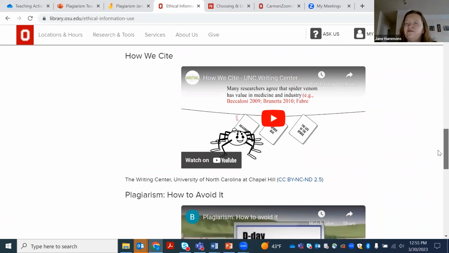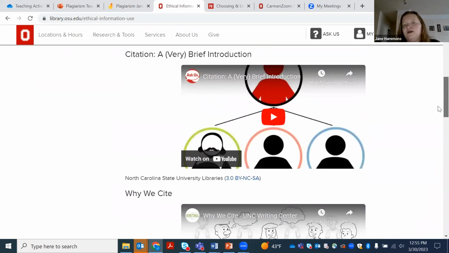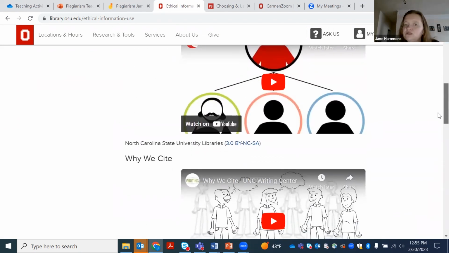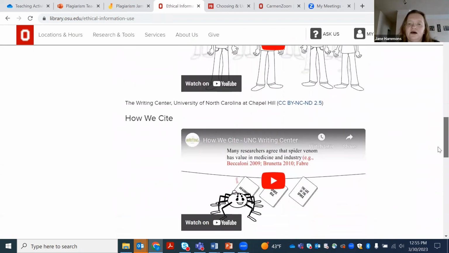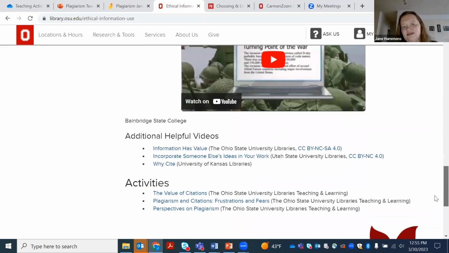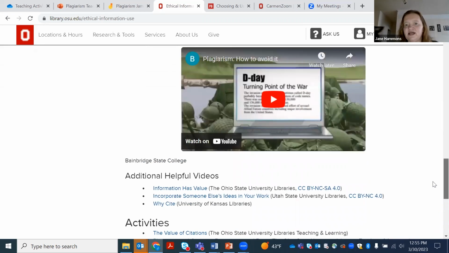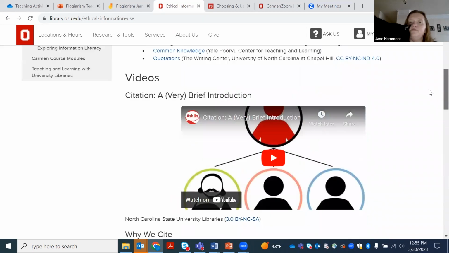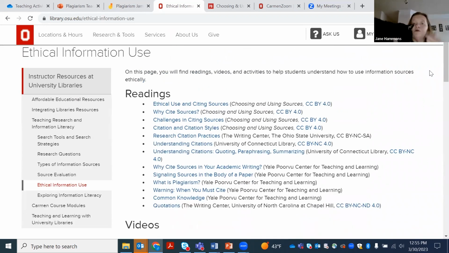We picked these specifically as ones that we thought were really good, that represent it well, and that were short videos that wouldn't be too overwhelming for students, on how to avoid it, and then some additional resources. All of that material is available to everyone to incorporate into your courses, and we have all of the licensing information there for those resources if folks want to use those.